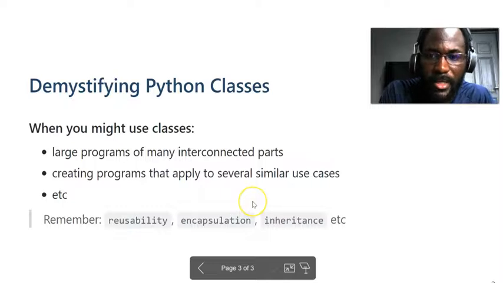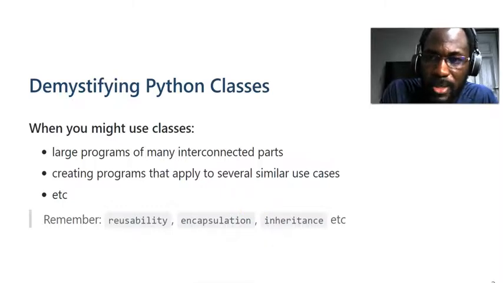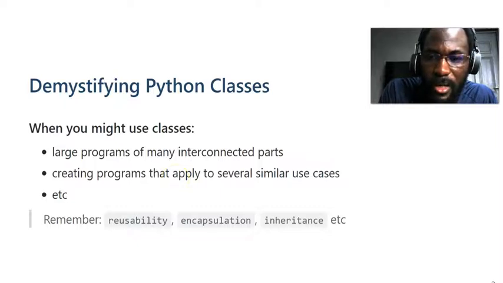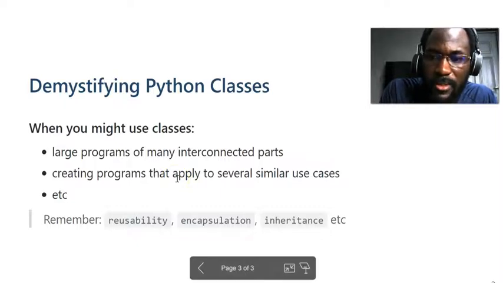But the whole idea of using classes is, when you're designing your code, you are usually looking forward to being able to reuse it in future. That's the whole thing about majority of the times: you're looking out for being able to reuse your code in future. Right? And if you do your search, you'd find a couple of ideas about when to use classes and a whole lot of things.